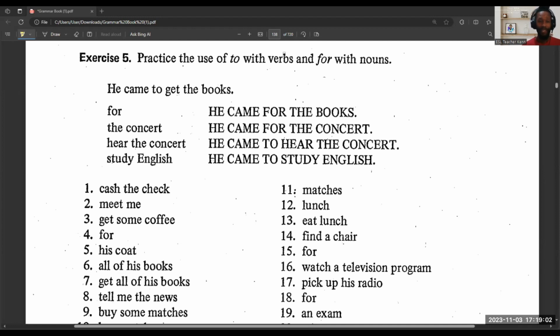Okay. Now we have hear the concert. Hear is an action. So what would you say? Yes, he came to hear the concert. Repeat. All right, how about study English?